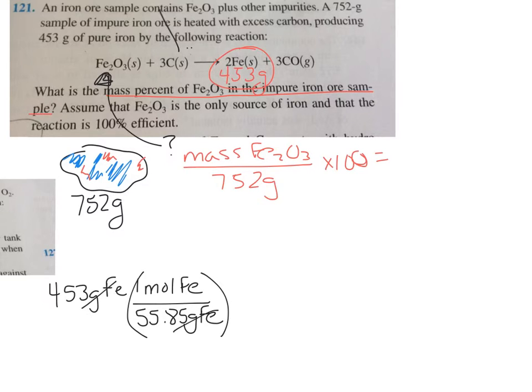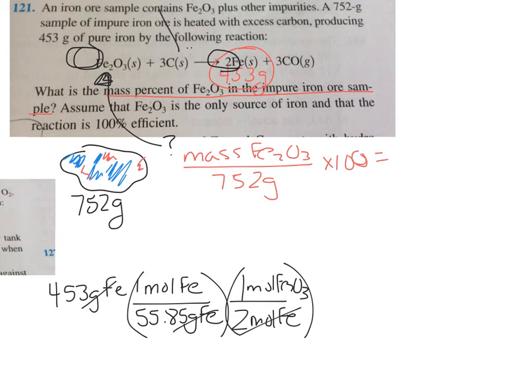What's the mole ratio I need to put in there next? 2 to 1, right? We have 2 moles of iron for every 1 mole of iron oxide. So we want 2 moles of iron, so moles of iron cancel, and 1 mole of iron oxide. We're trying to find the grams of iron oxide.